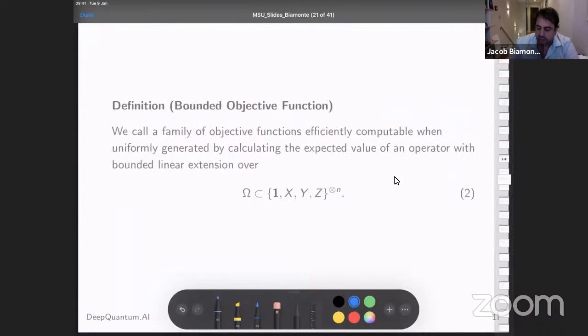The objective functions that you want to calculate should have a number of terms that is polynomial in the size of your problem. Why is that? Otherwise it would automatically blow up and be exponential. Despite that seemingly obvious statement, there are many papers on variational algorithms where they did not consider that facet. There are some that they have now. It's more recent.